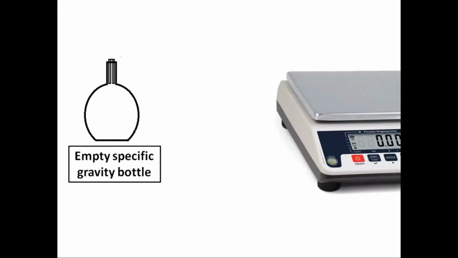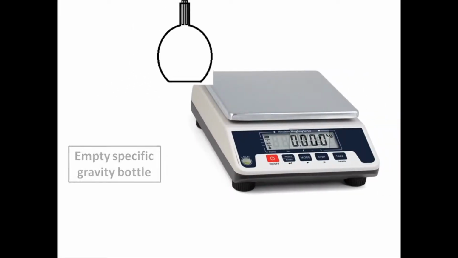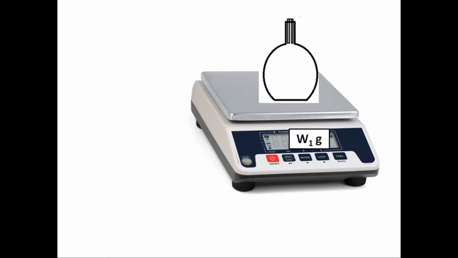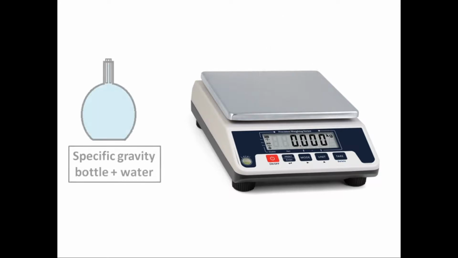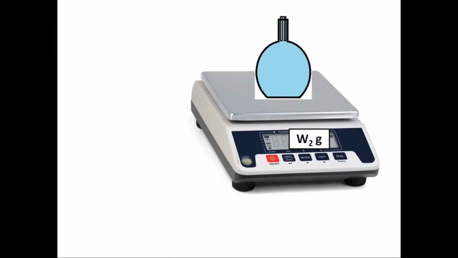Now specific gravity measurement. For that purpose we have to take an empty specific gravity bottle, and with the help of a digital balance we can weigh it. Suppose the weight of the empty specific gravity bottle is W1 gram. Next we will fill this specific gravity bottle with water, and again we will weigh it. Suppose it is W2 gram.